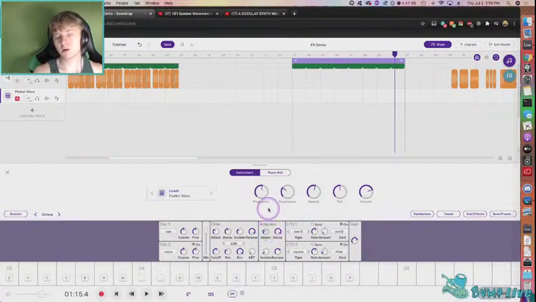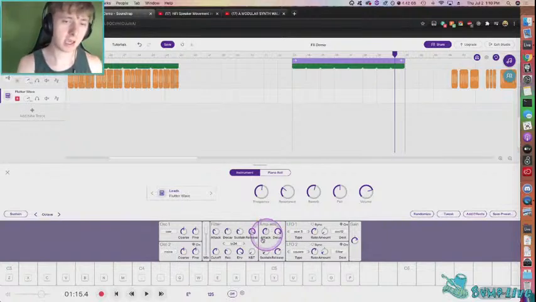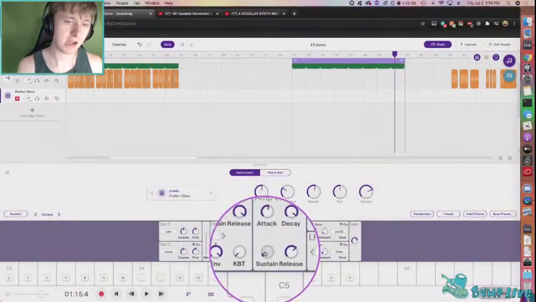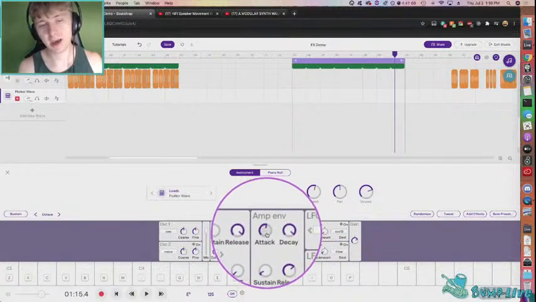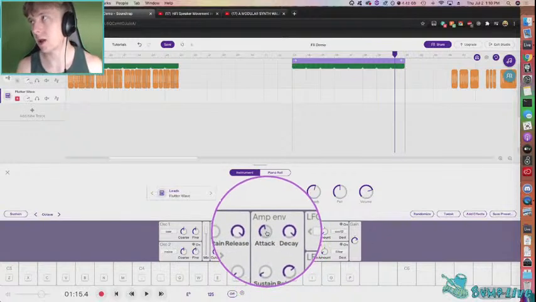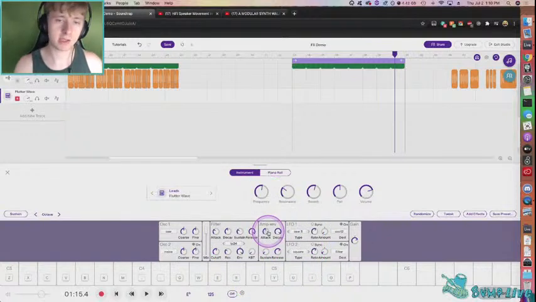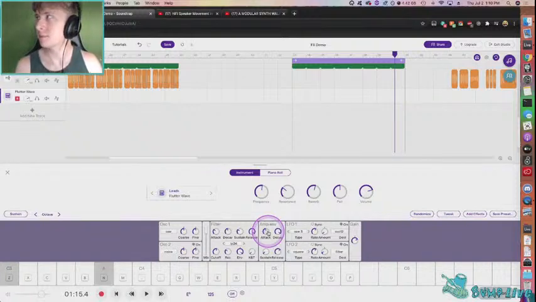And just like before, you have your amp envelope that if you turn up the attack, it's going to take longer to get. We've talked about envelope already, right? So we have the attack, decay, sustain, release. The sustain is actually a level. It's not a time. These are all times, right? Attack. It's a shame that it does not show you how long that attack is, but that's okay. You could just listen to it.